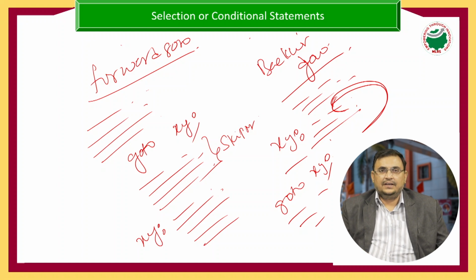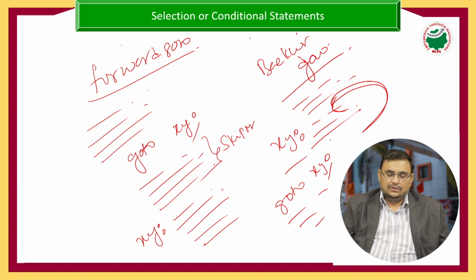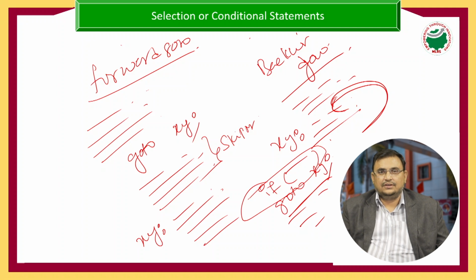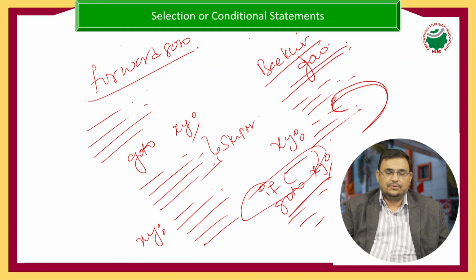This is very dangerous when using backward goto. The goto statement should be under a condition, so that only if it is true does it go back. Otherwise, without the if statement, it falls into infinity. So be careful while using backward goto.